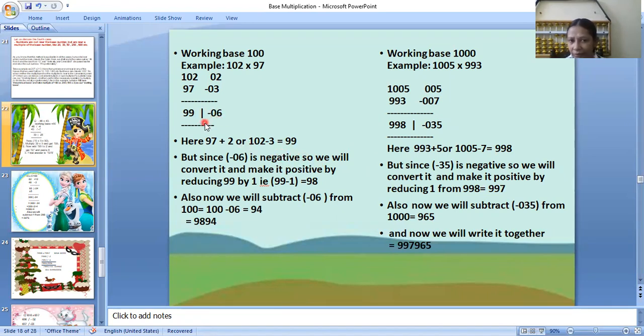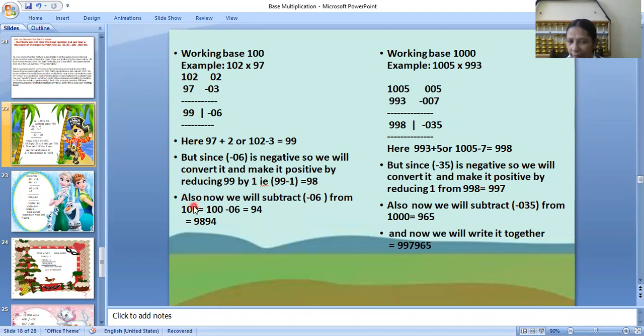This minus 06 is negative, so to convert it, what I have done here is I have reduced this 99 by 1. You can read this step again and again and try to understand it. This step is very important.